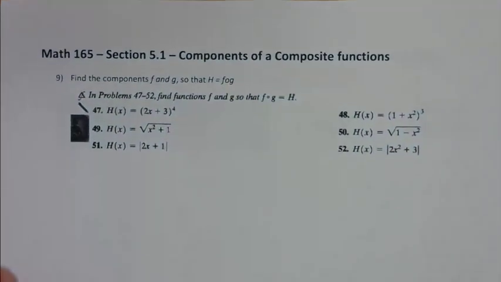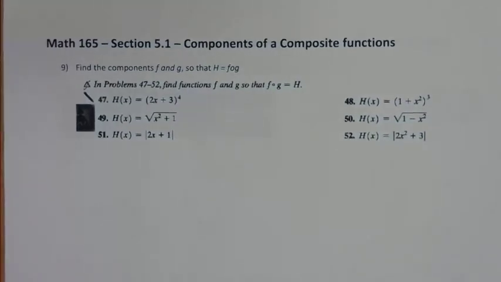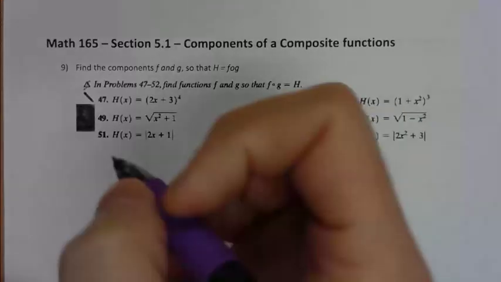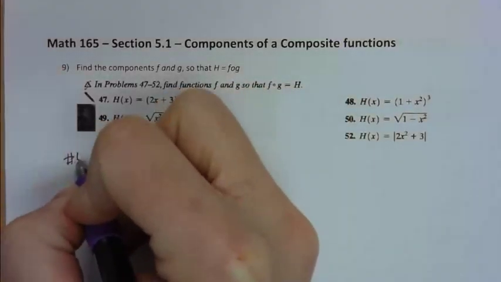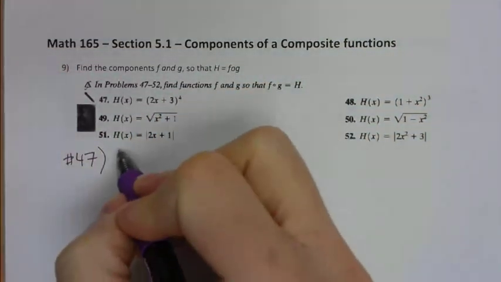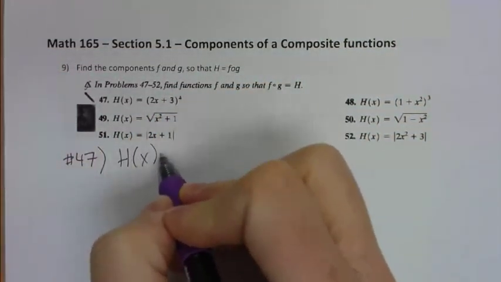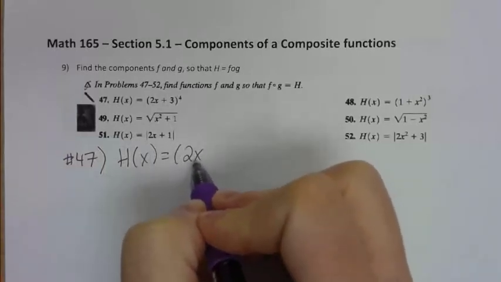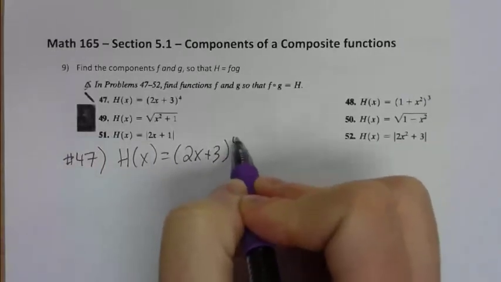And the last part that we'll cover in our video today will be kind of a reverse direction sort of problem. So h of x in all 6 of these are ones where you have a function within another function and you're trying to figure out, well, what are f and g that made it happen? So looking at number 47 for starters, 47 is saying that h of x is 2x plus 3 to the 4th.